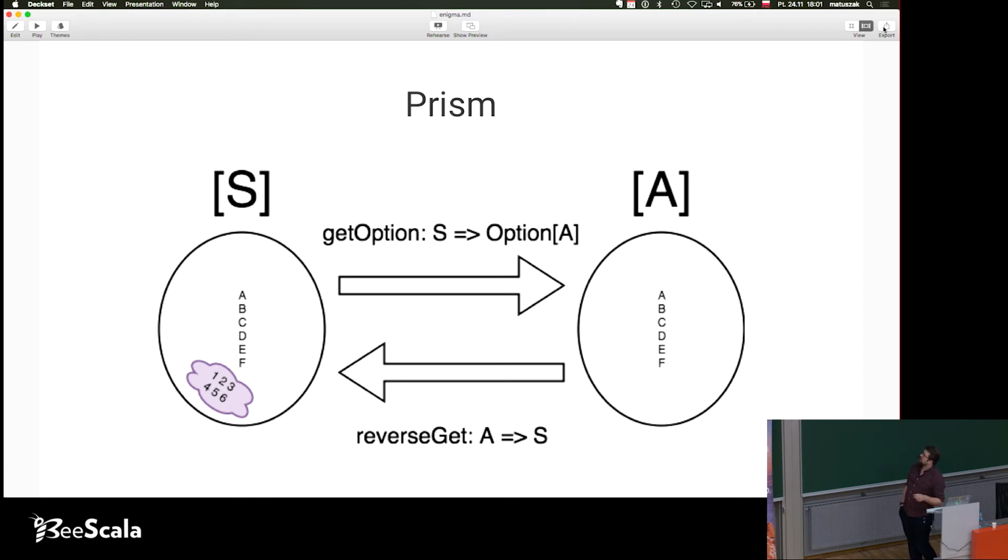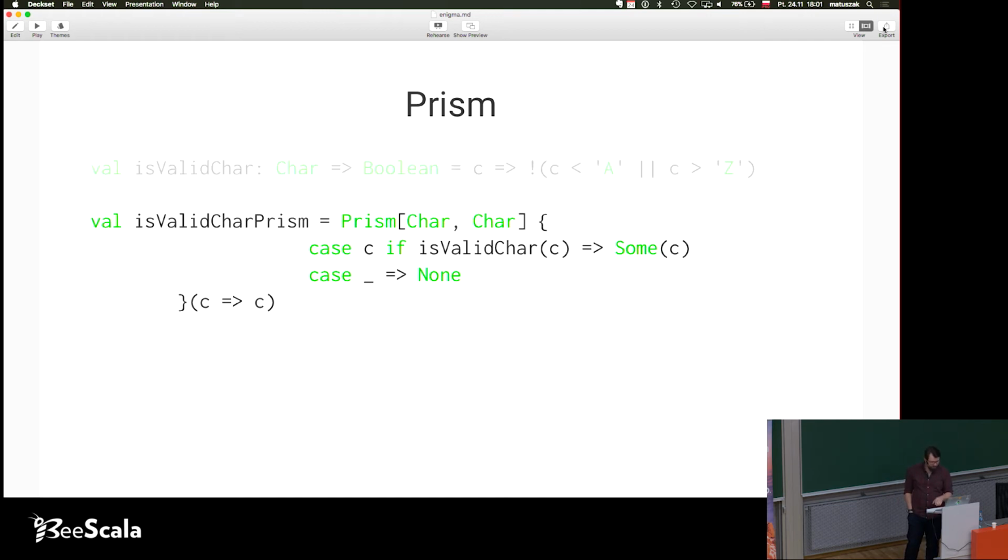So we can write Prism, which will take input, and in case of letter, we will return this letter wrapped in Some. If it's not a letter, then we will return None. So basically, again, we have two arguments to our constructor, to our apply method.